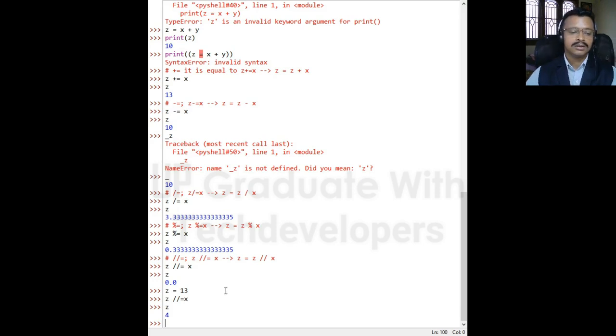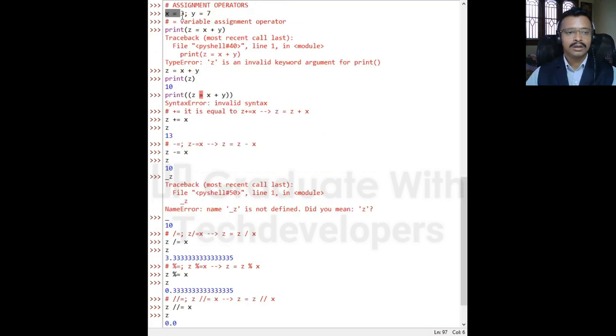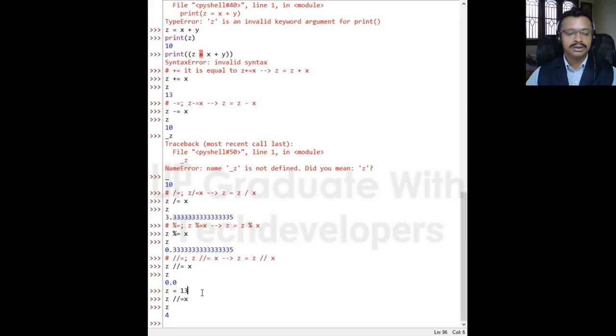Yes, now you can see x is nothing but 3 and g value is nothing but 13.